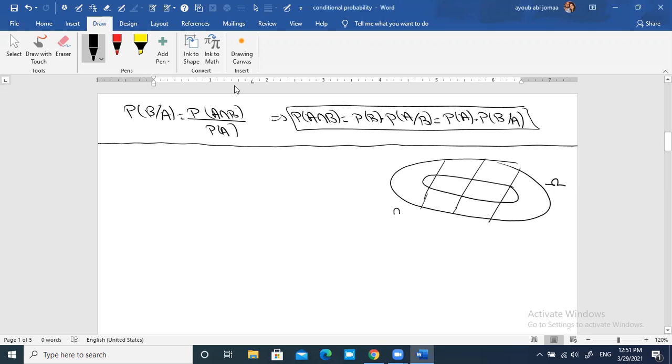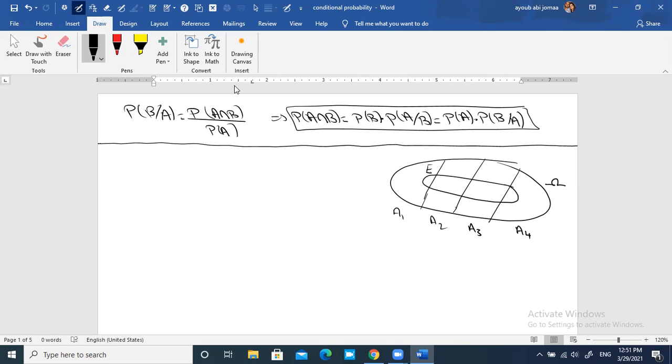Let's say A1, A2, A3, A4, so it's divided into 4 parts. A1, A2, A3, and A4 are 4 mutually exclusive events. They don't occur at the same time, and all together they form the sample space. The union of A1, A2, A3, A4 gives the sample space, and assume that we have here an event E.